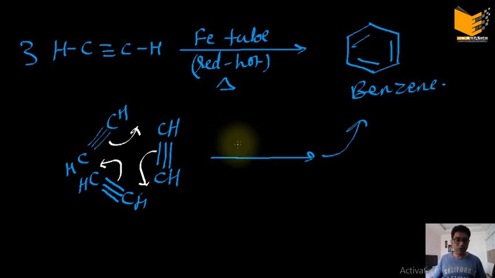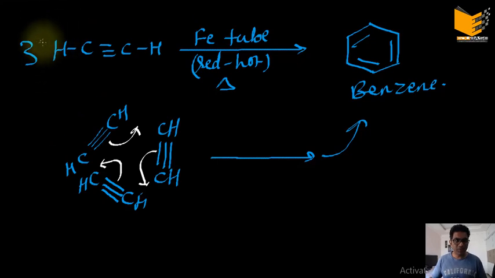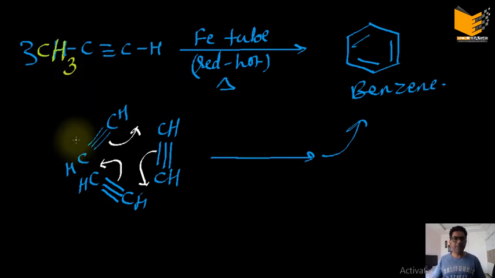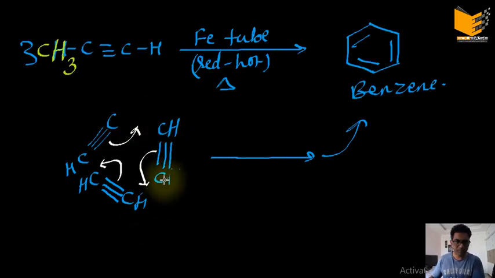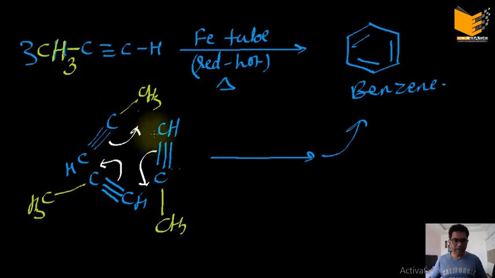Now let's add another group here. Instead of acetylene, if we take propyne, then what is going to happen? We'll have to write it in this particular manner. This is one propyne, this is another one, and this is the third propyne.